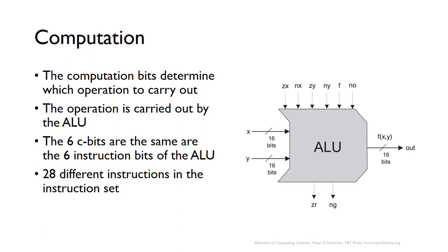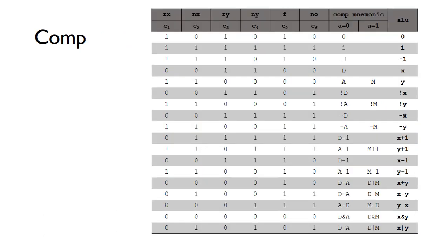So the computation bits are very simple. These are just the 6 control bits of the ALU. There are 28 different instructions in the instruction set, represented by 28 different combinations of these bits, and they're shown in this table here.